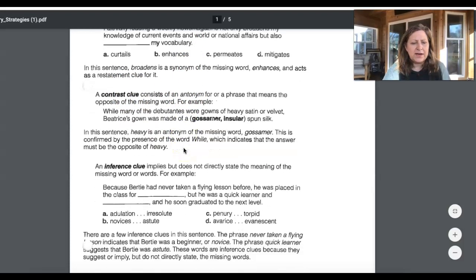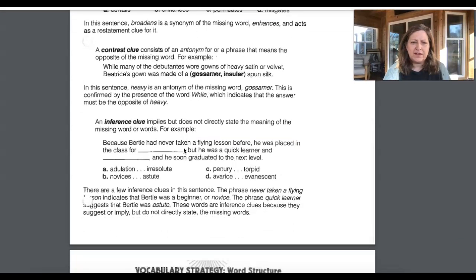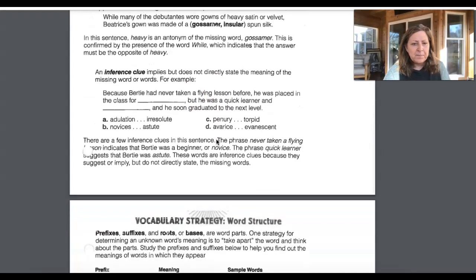And then another one is an inference clue that you just imply it. You have to put 2 and 2 together a little bit, but you just sort of get it from reading the sentence. And so I want you to think about things that are not directly stated, and make sure that you can see inference clues if they are there.